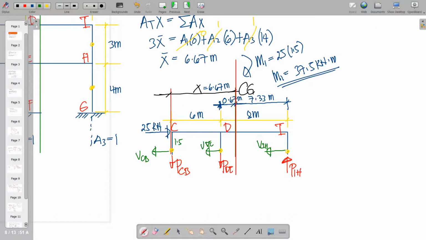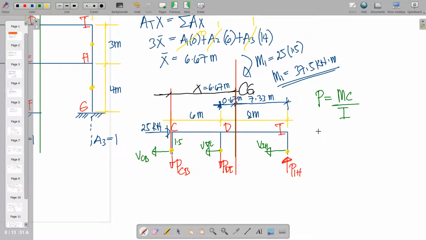The general formula is P equals M C all over I. The I here would be transferred to the centroid. So how is I computed? Again, we refer to the location of the centroid.